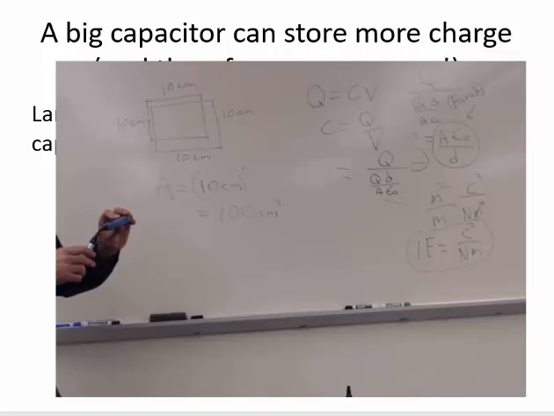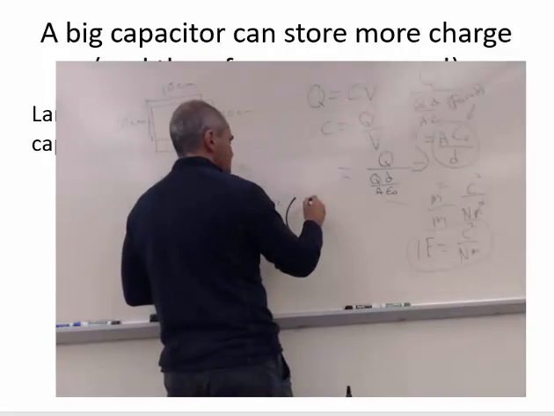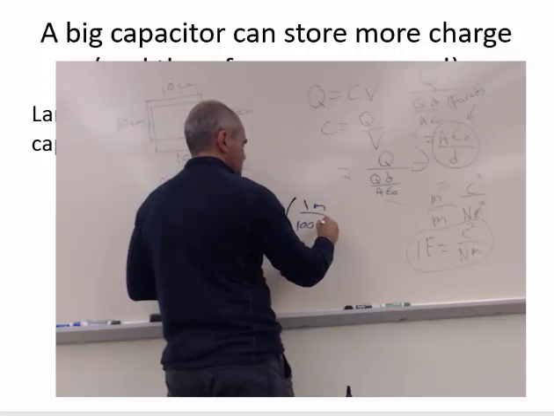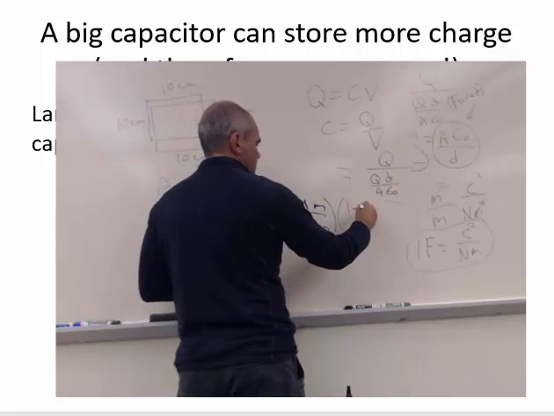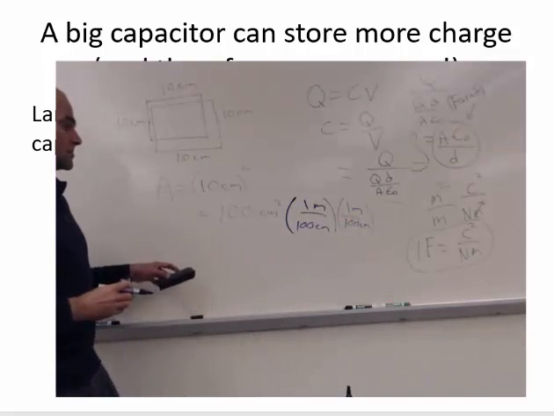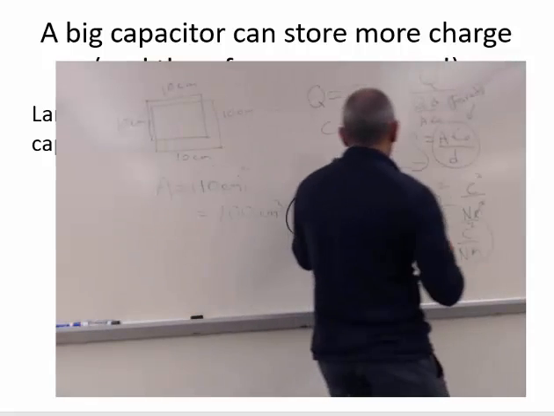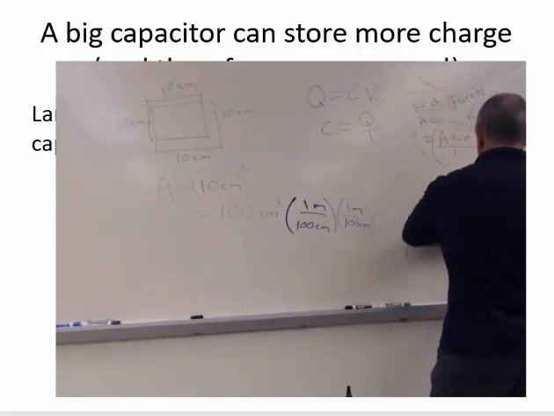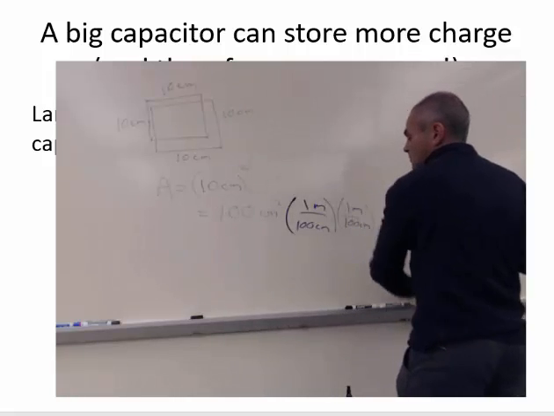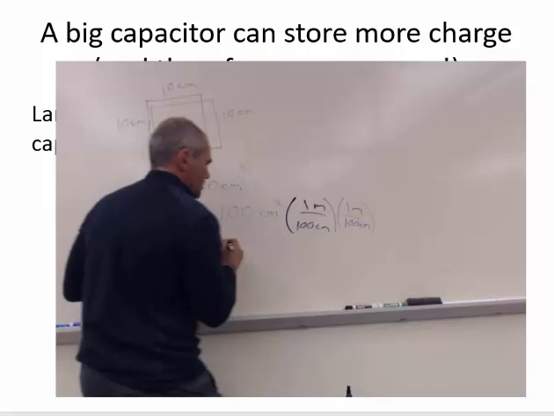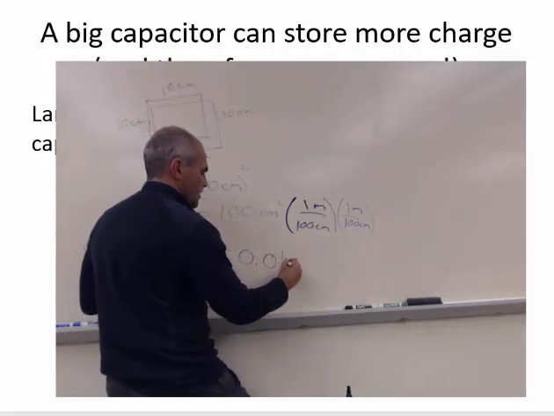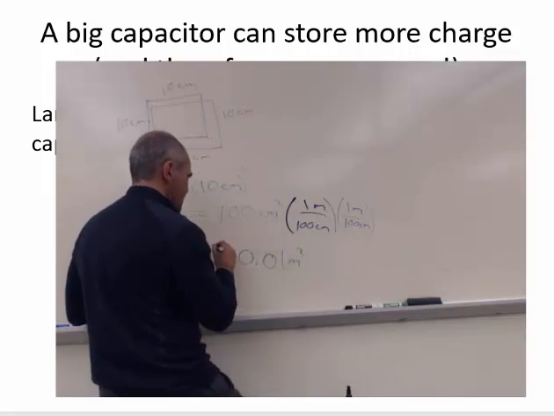That was going to be equal to, as you multiply each centimeter by 1 meter is 100 centimeters, so you get how many square meters 100 square centimeters are equal to. And if you do the work here, you'll get that this is equal to 0.01 square meters. So that's my A.